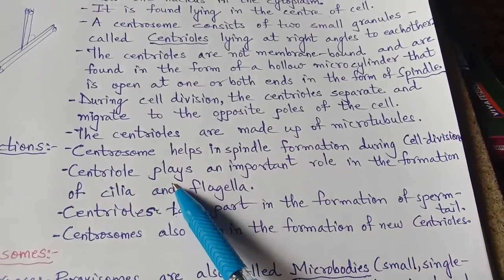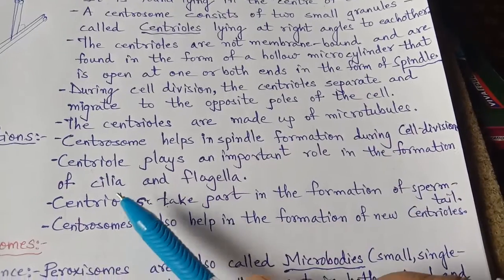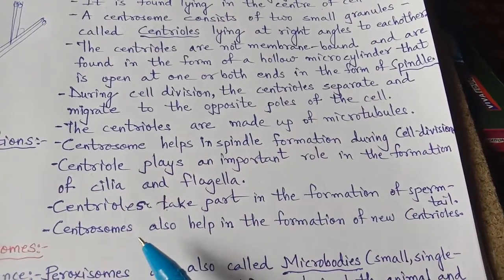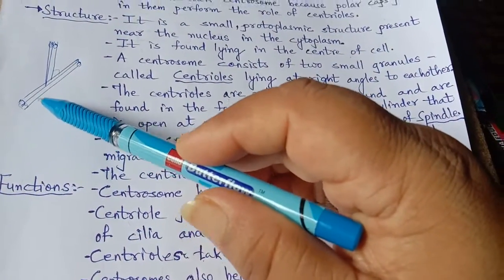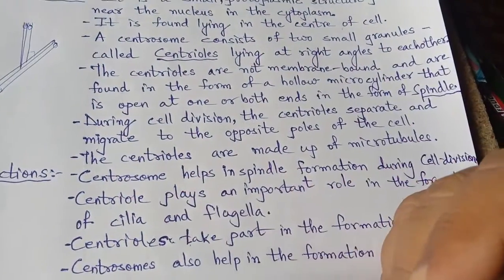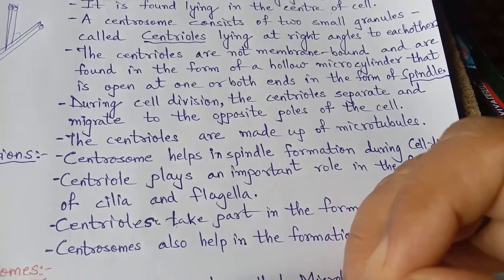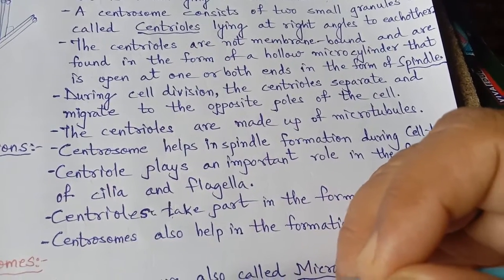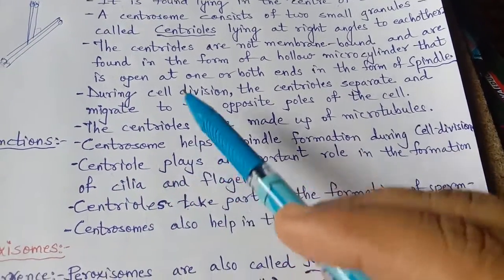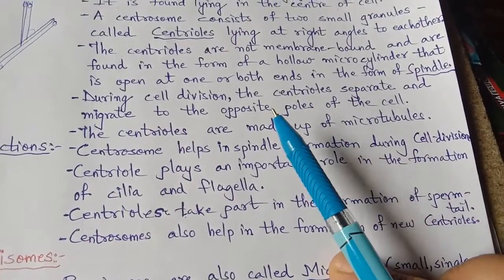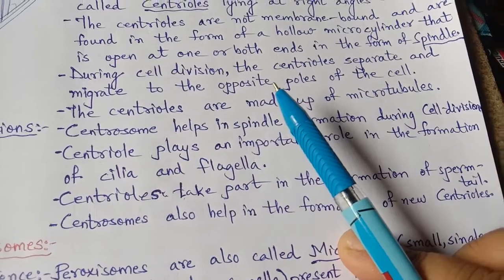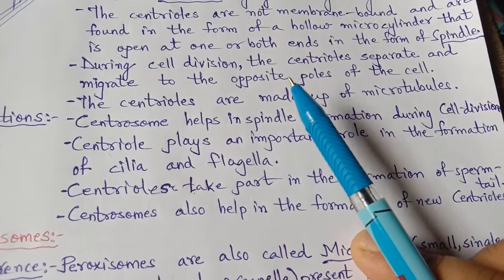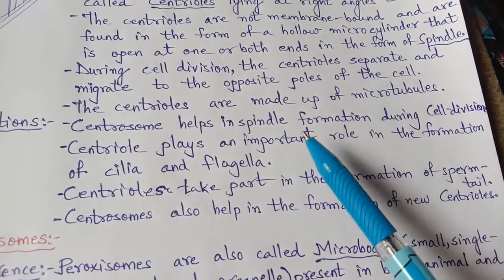Centriole plays an important role in the formation of cilia and flagella. Cilia and flagella are very small hair-like structures in some of the organisms, covered throughout their body. If you have seen the eukaryotic cells and prokaryotic cells, in the previous notes I have given the figure.